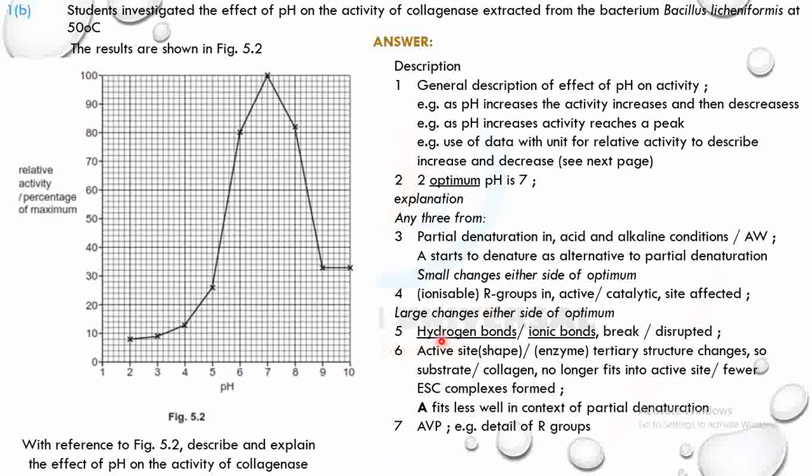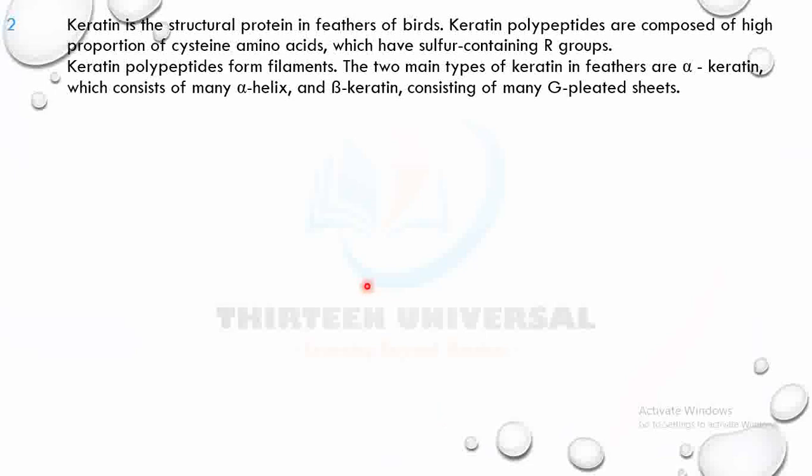Hydrogen bonds and ionic bonds break, so the active site's tertiary structure changes, so the substrate can no longer fit into the active site, or fewer ES complexes form. So guys, this is how it goes. Alright, look at the next question.